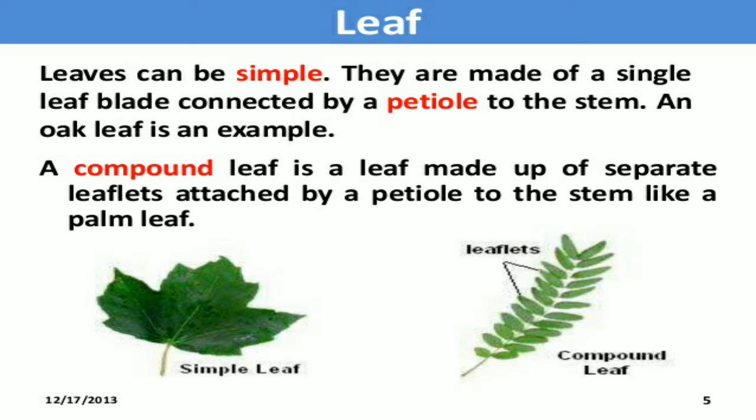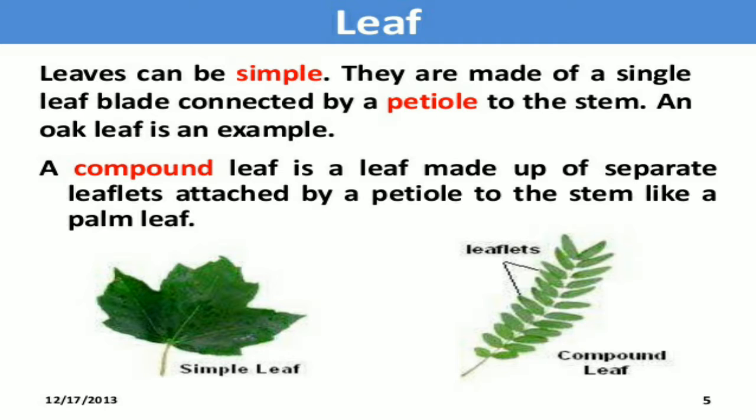Now the next one: a leaf. What is a leaf, and what does the leaf do? Leaves can be simple, made of a single leaf blade connected by a petiole to the stem. An oak leaf is an example.